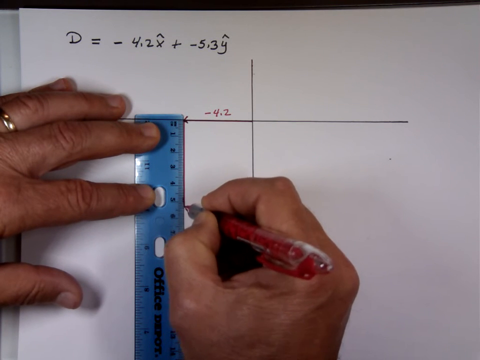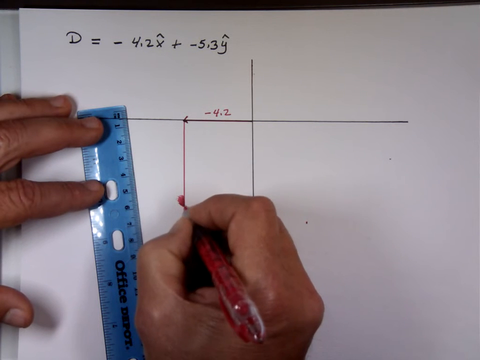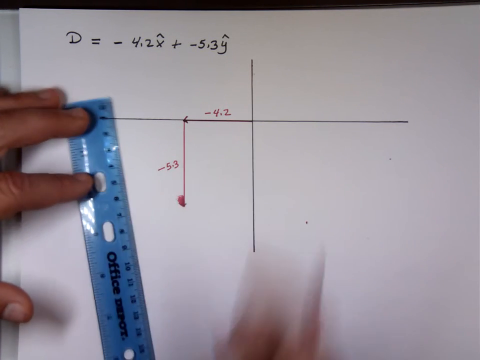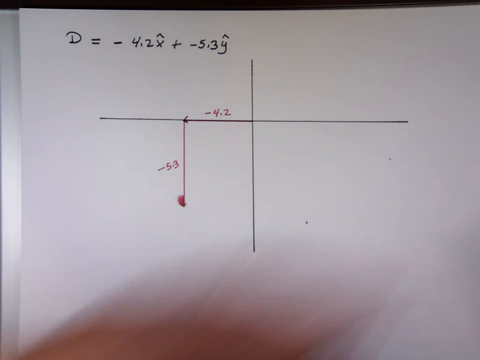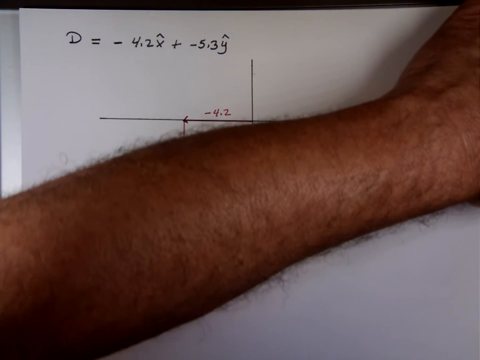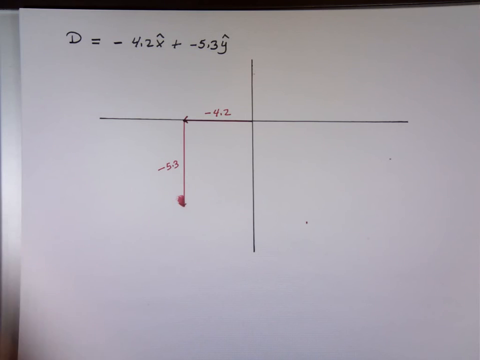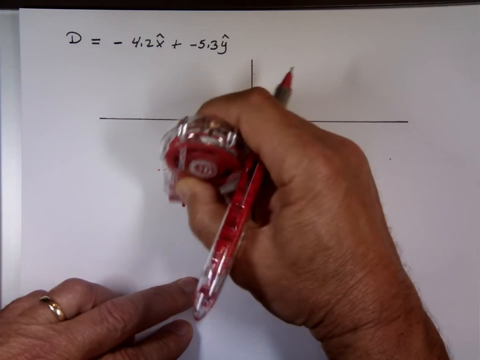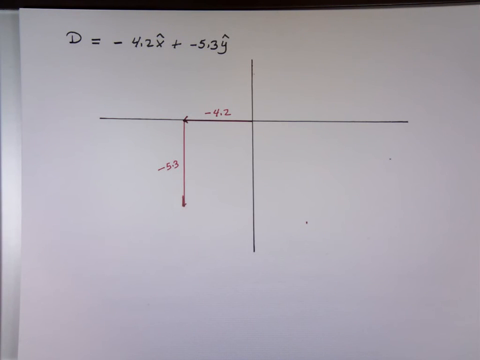Oh, negative 5.3. So that's the x, that's the y value.